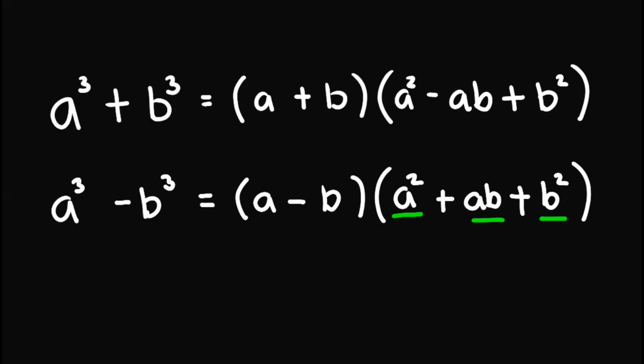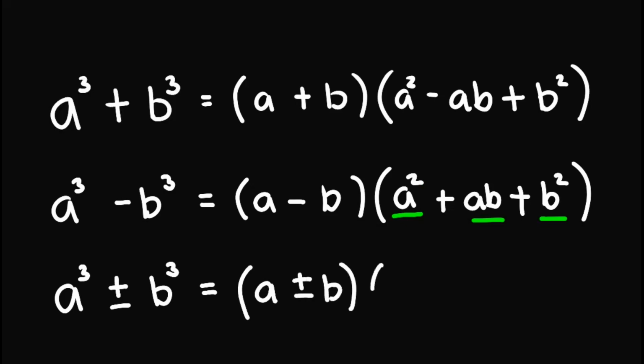Given this, we obtain this general formula. If we have a cube plus minus b cube, its factored form is a plus minus b times a squared, here, b squared here.